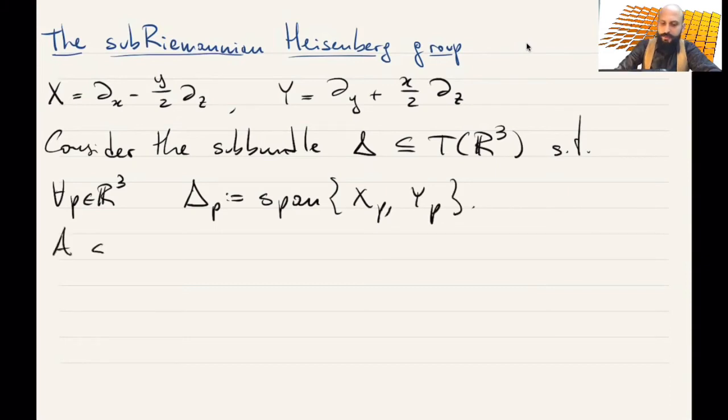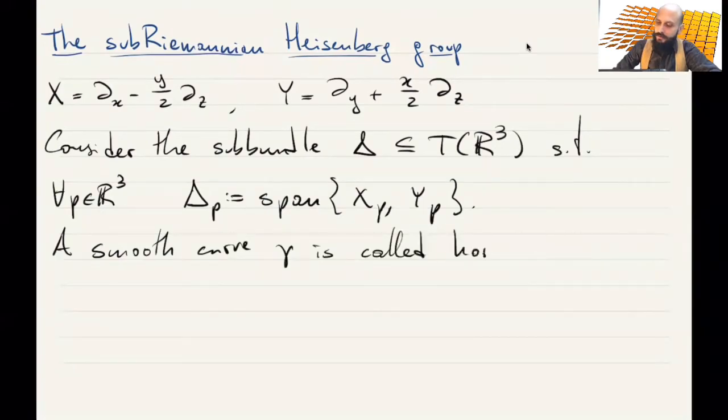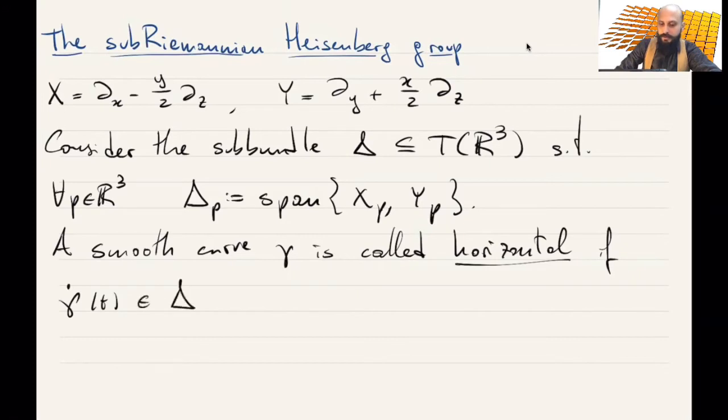And then we say that a smooth curve gamma is called horizontal if the derivative of the curve lies in the span of the vectors, so it lies in this subbundle, for all t.